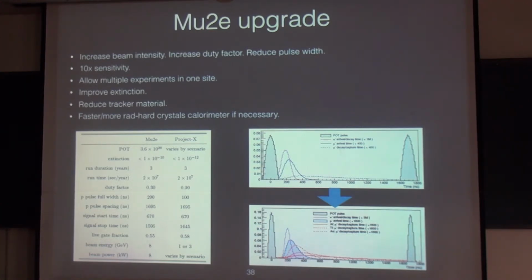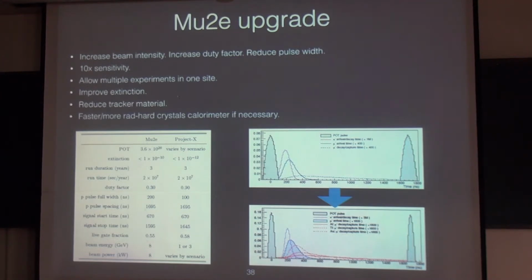And in the Project X era, we can expect a much higher duty factor because of much better management of the beam delivery, and we can also consider a much lower energy beam so that we don't have antiproton background, and a shorter beam pulse so that we can reduce this prompt background, because the junk goes through much more quickly.